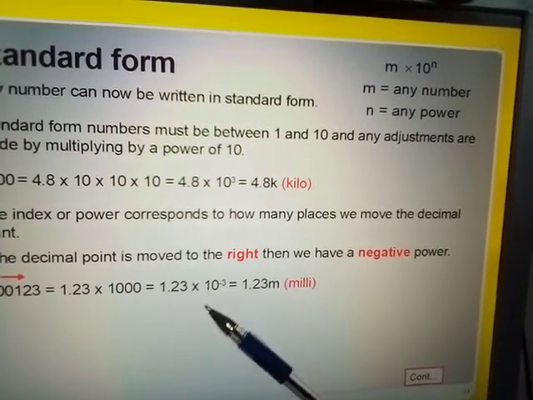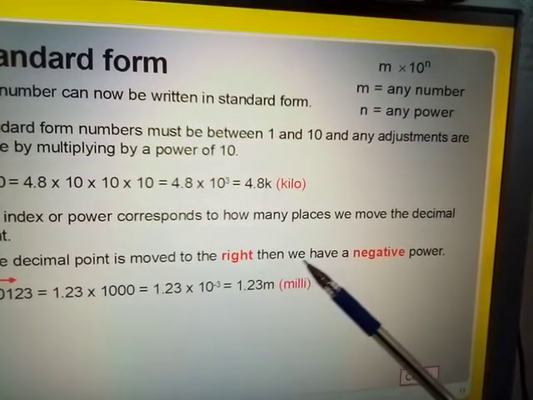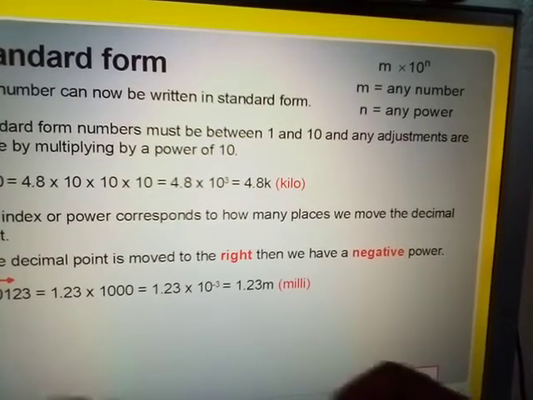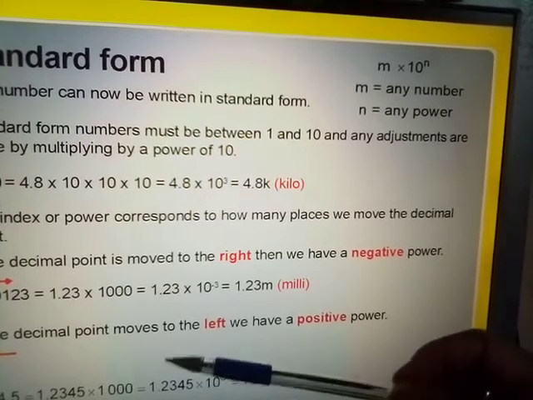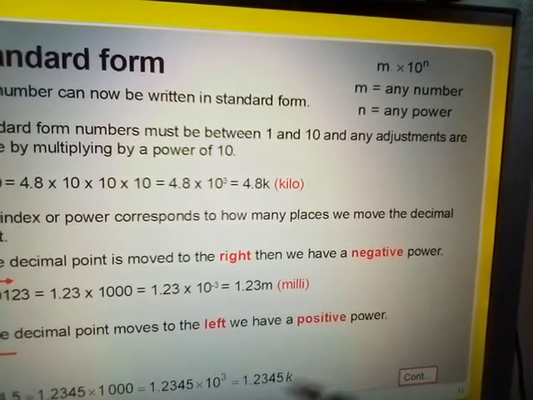If the decimal point is moved to the right, then we have a negative power. If the decimal point moves to the left, we have a positive power. Okay.